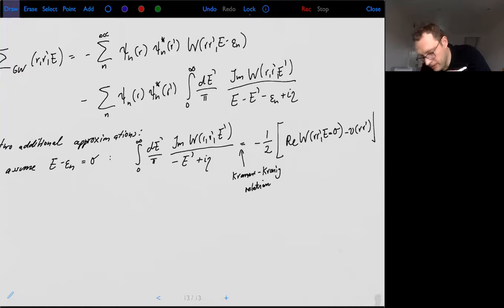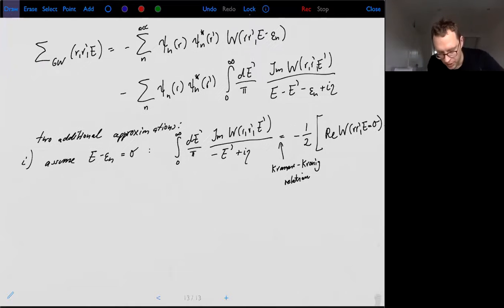Right, so if you make this assumption, then this integral can be rewritten using the Kramers-Kronig. And the other thing that you can use is that this sum here can now be expressed as a delta function, right? Because of the completeness of your Kohn-Sham states.